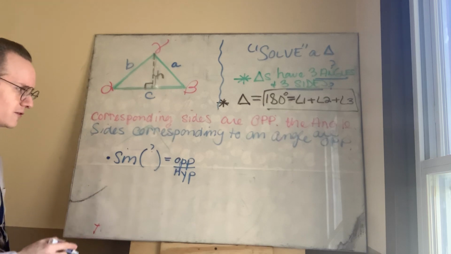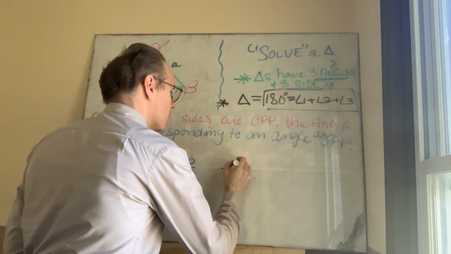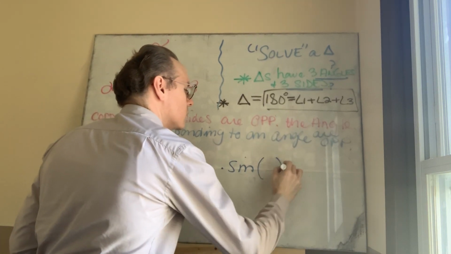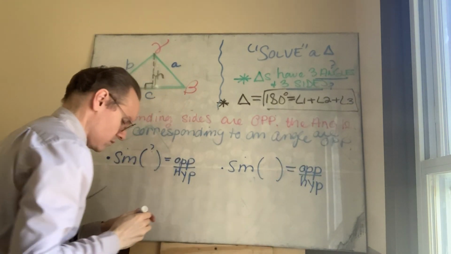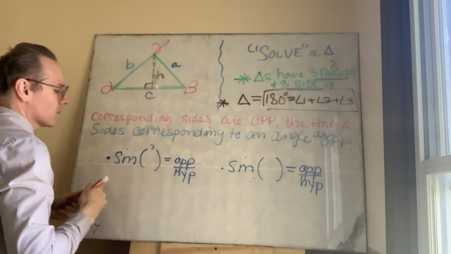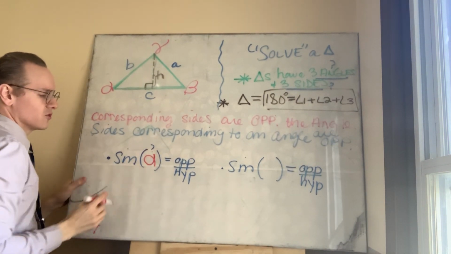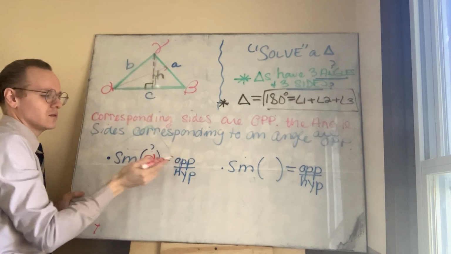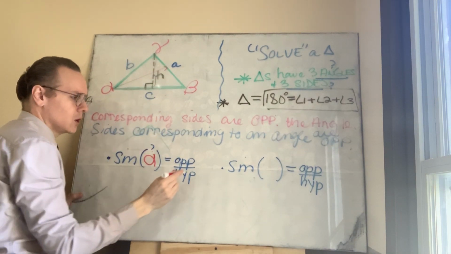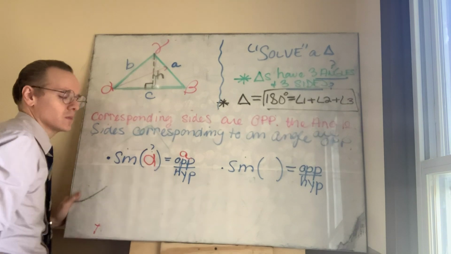If it is specific to alpha, the dimension that is across, opposite of the angle, would be A.